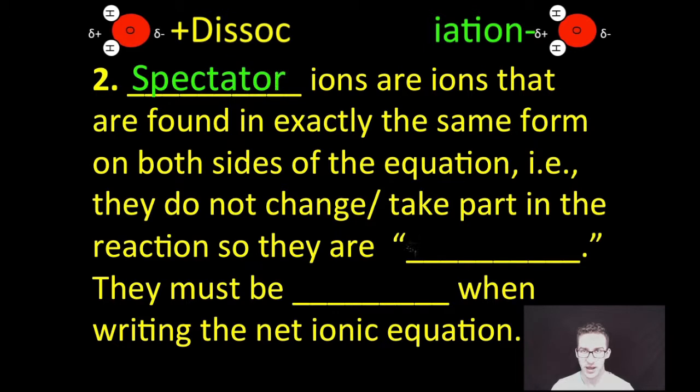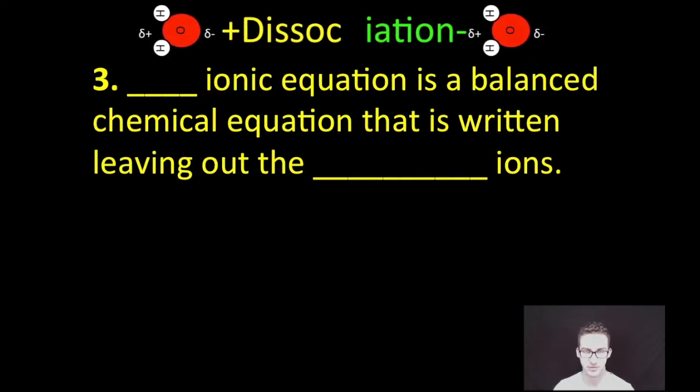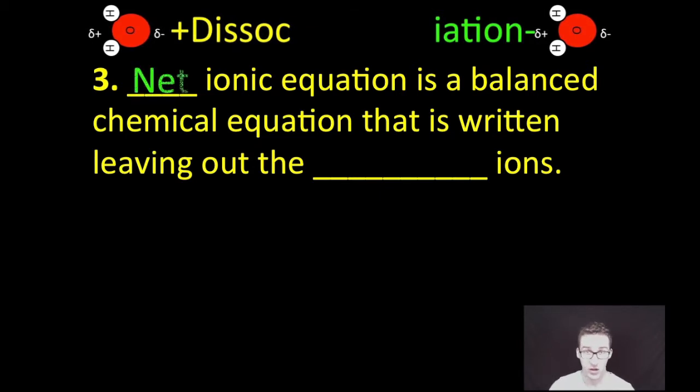Your spectator ions in an ionic equation are those ions that are found in exactly the same form on both sides of the equation. In other words, they do not change or take part in the reaction, so they're just spectators. They just watch what's happening. They must be removed when writing what's called the net ionic equation. And the net ionic equation then is simply that balanced chemical equation without the spectators. It's just focused on the species in the reaction that actually undergo some sort of chemical change.